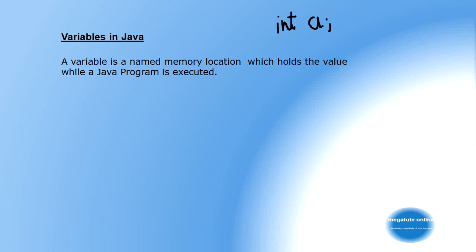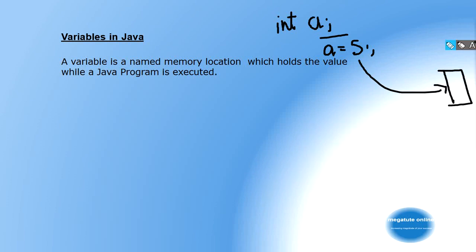So now in the memory, a particular location has been allocated for this A. So when later on you store a value to this, that number goes and gets stored at that memory location, which has been allocated for this particular variable. Okay, so that's why it's a named memory location. It's a memory location, but it has a name A.